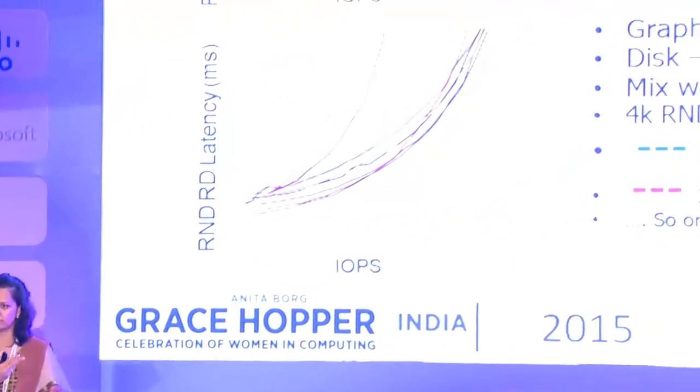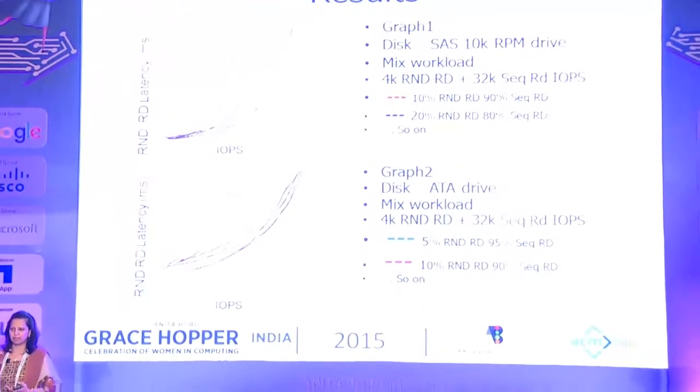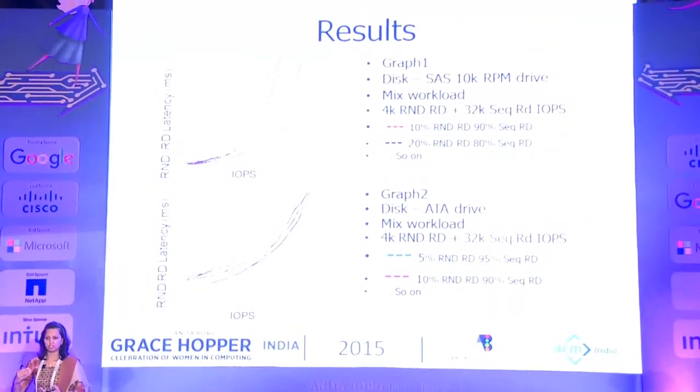So if you look at the first graph, what we have kept constant over there is a SAS disk, and the capacity and the fragmentation are kept constant. But what varies, the curves you see, is just like what Madhumita described about the hockey stick. And they keep on varying with every variation in the IO profile.